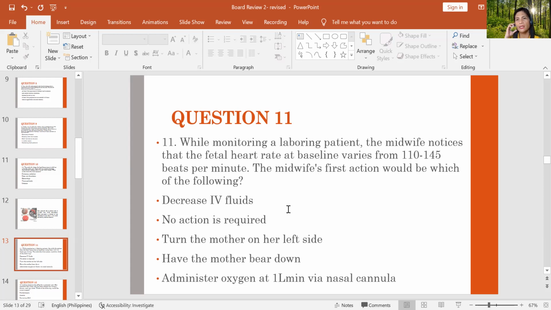Yung heart natin nasa left side. So in order to have a better circulation of blood, yung blood ng mother I should say, ayan, in order to supply more to the baby, dapat nasa position na yan. So, left side lying position. Okay?